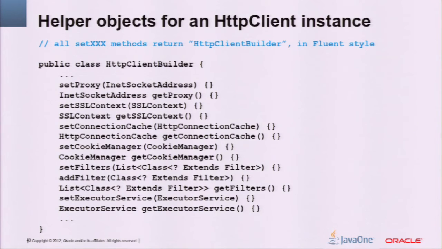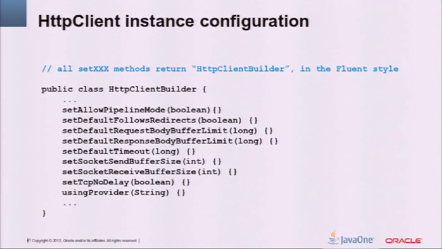This is where you can use the existing cookie manager interface that's already in the JDK to provide your own custom cookie management. So this is good for if you've implemented one already. This is where you set and configure filters, and this is where you would perhaps override the default executor service if you wanted more fine-grained control over the threading properties.